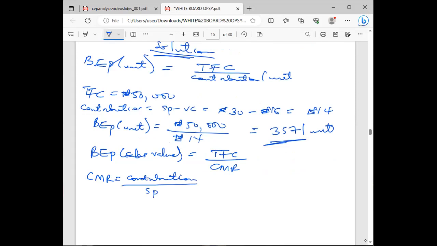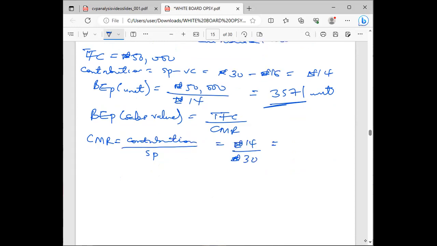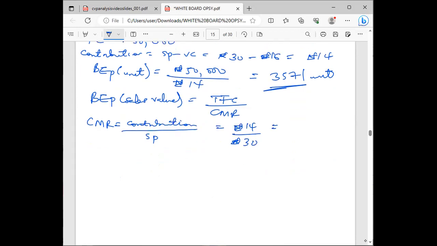We know our contribution to be 14 naira per unit, and our selling price is 30 naira. So what does that give us? 14 divided by 30. Let someone quickly punch. 0.466.